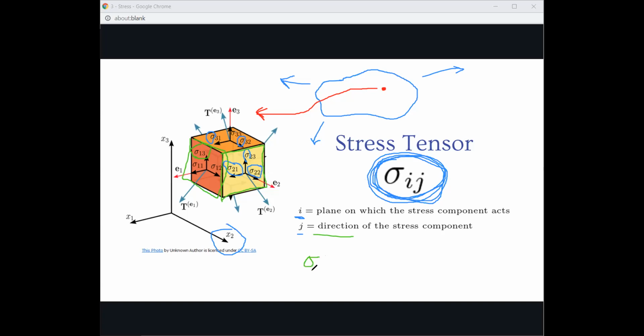Ayun, acts on negative 2 axis and points on negative 2. No. Mali ito, mali. So sigma 22 pa din, no? Sigma 22 pa din. Doon sa naming convention natin, hindi natin nilalagay yung mga signs. So doon sa values tayo maglalagay ng signs. So ito naming convention lang ito. Okay?